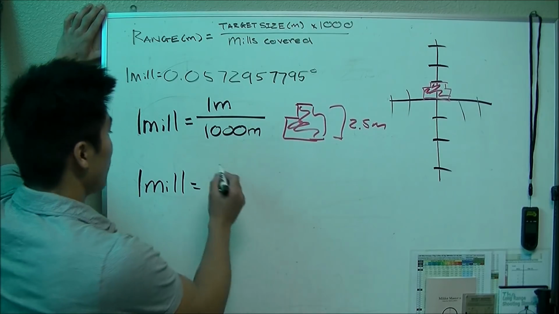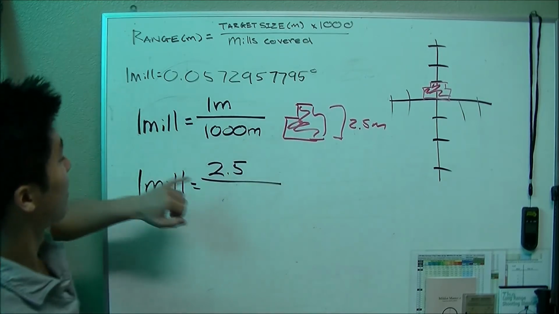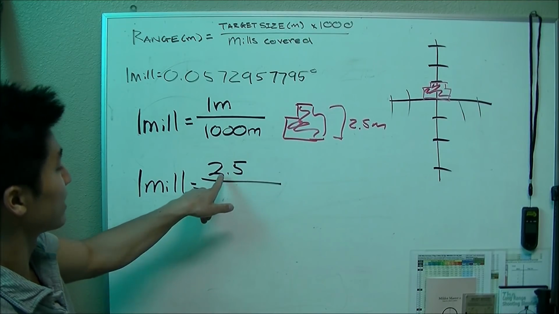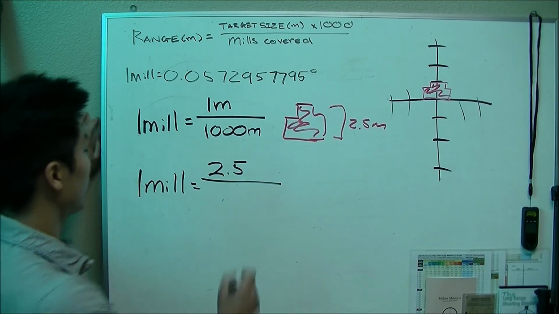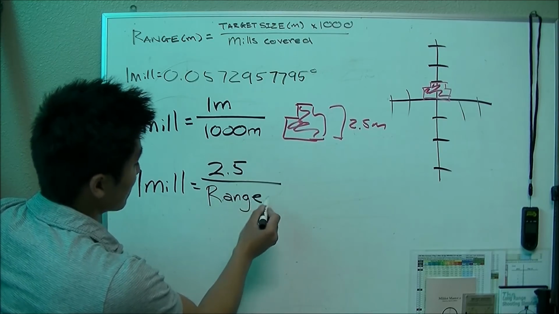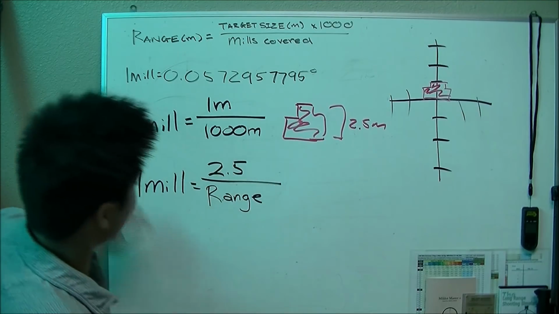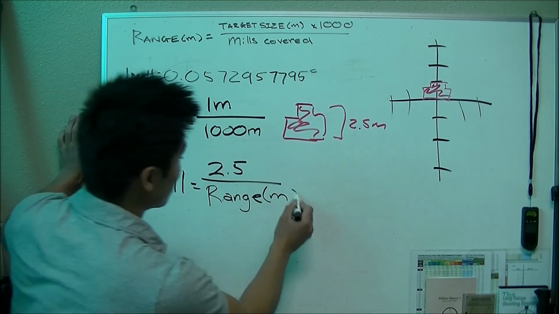Well, what's the expected value when 1 mil represents 2.5 meters? Well, we could say, well, that's our range. I mean, we already know it's going to be 2,500, but we're just going to forget about that.